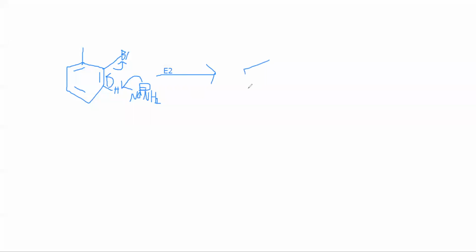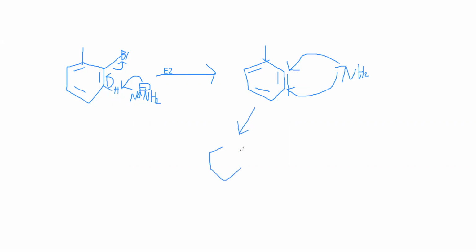When you do this, you end up forming a triple bond here. That's the benzyne intermediate, and then another NH2 can either attack up here or down here. It can attack either end of the triple bond. I'll just show it attacking this top one, but it can do both.